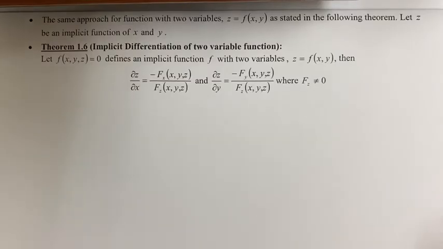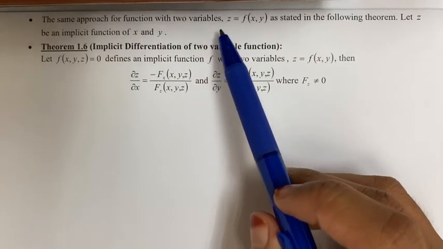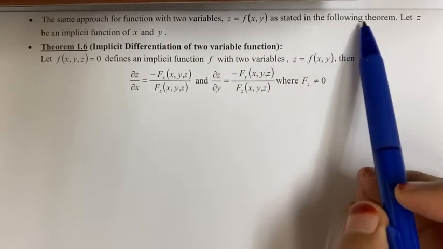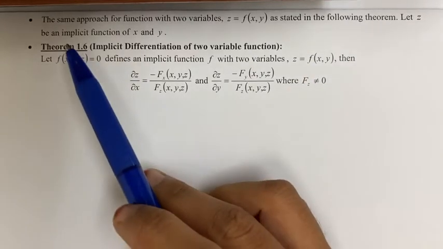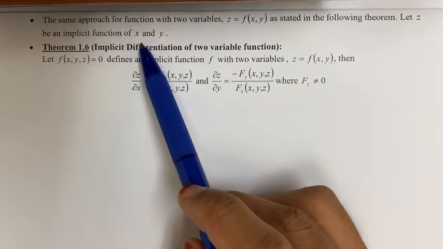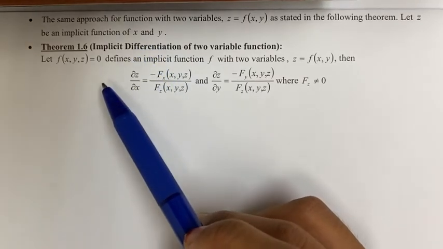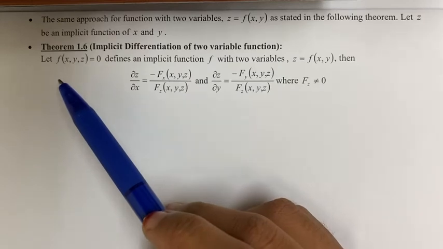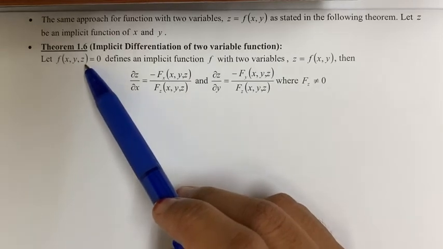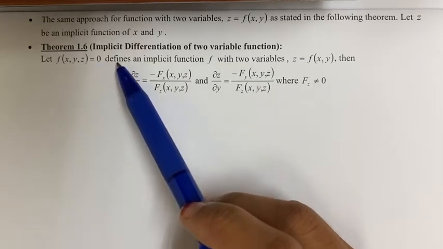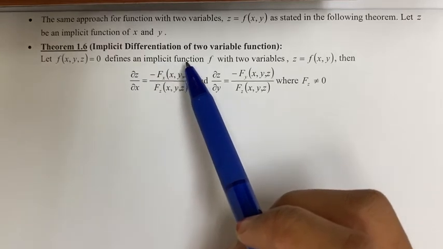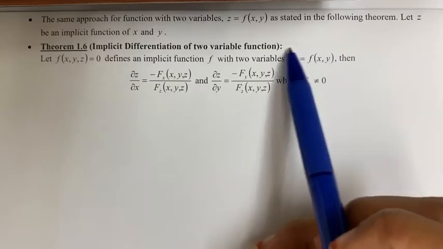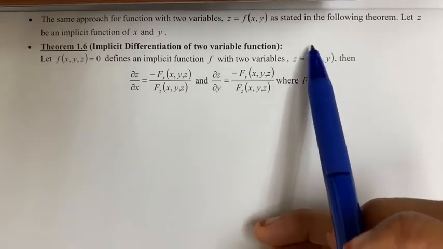The same approach applies for function with two variables, z is equal to f(x,y), as stated in the following theorem. Okay, let z be an implicit function of x and y. Okay, so moving to theorem 1.6, implicit differentiation of two variable functions. So let f(x,y,z) equal to 0 define an implicit function f with two variables z equal to f(x,y). Okay, so this is your implicit function.